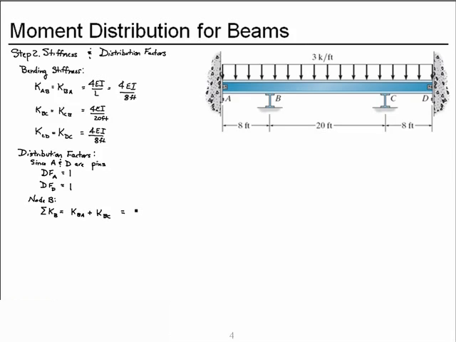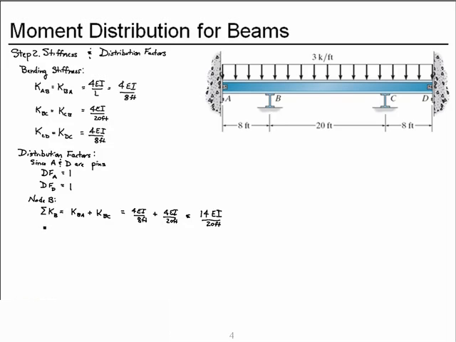And that will be, as we see above, 4EI over 8 feet plus 4EI over 20 feet. If we choose least common denominator, convert the numerators, add them up, we get 14EI over 20 feet is the total stiffness at node B.